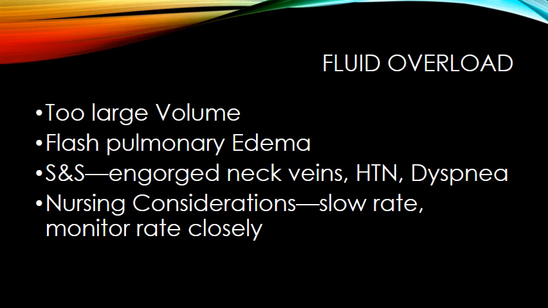Flash pulmonary edema is when the fluid is infused too fast, and it can increase venous pressure with the possibility of cardiac dilation, and then subsequently we would have pulmonary edema. It just comes on extremely quickly, the pulmonary edema does, and that's why we call it flash pulmonary edema. Signs and symptoms that you may see: engorged neck veins, hypertension, shortness of breath, or dyspnea.